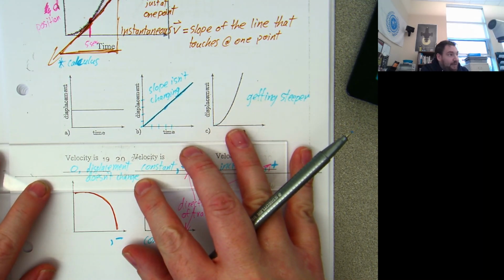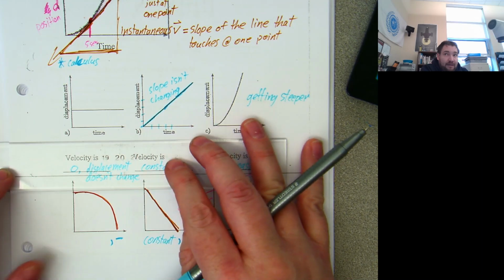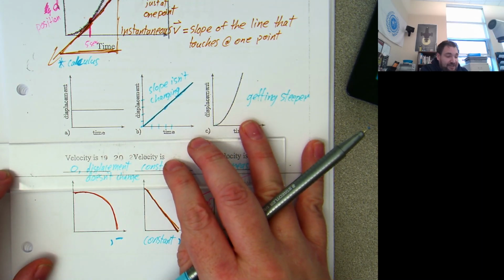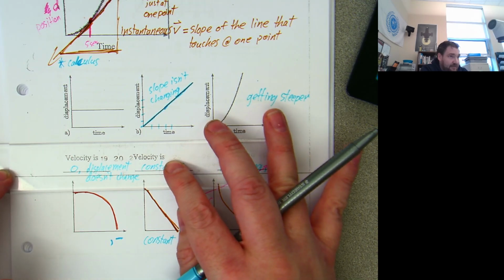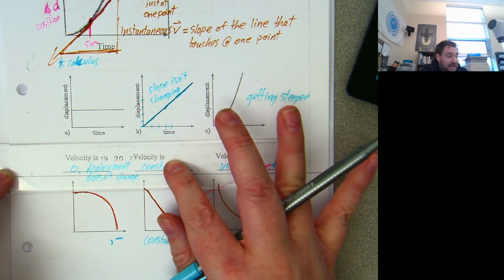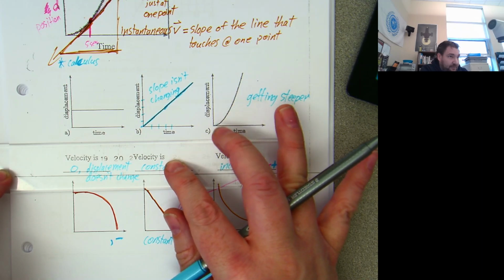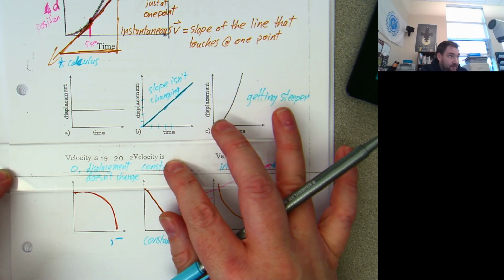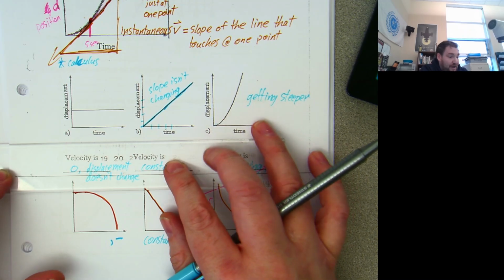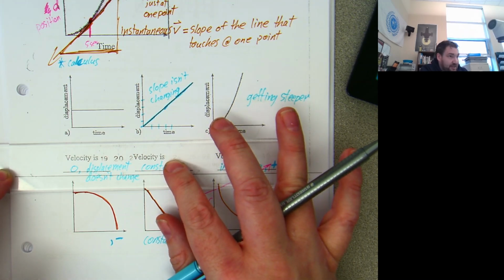If I take a look at the line that we've got here at the beginning, if I'm going to take my ruler and put it up against that graph, that ruler is flat, yeah? So if the ruler is flat, what's the velocity at the beginning? Constant with 0. A flat line on a displacement time graph means the thing's not moving.